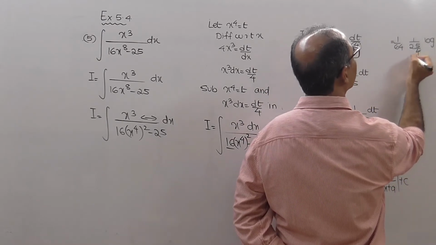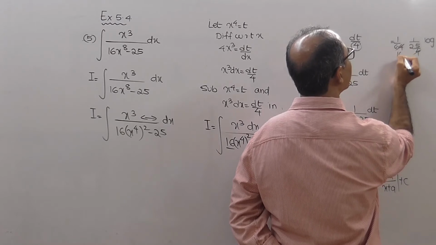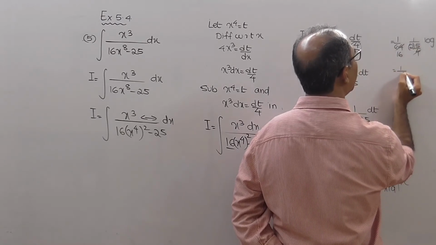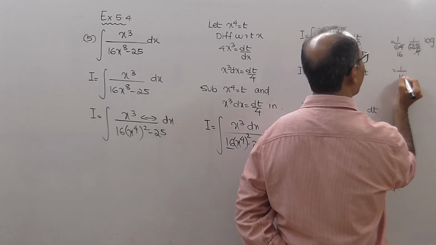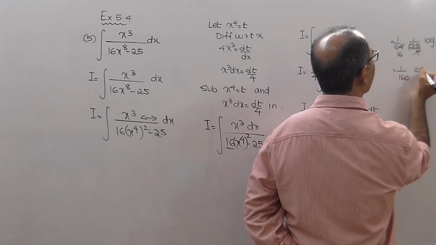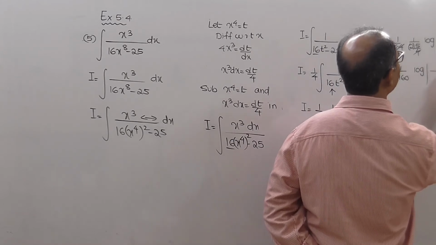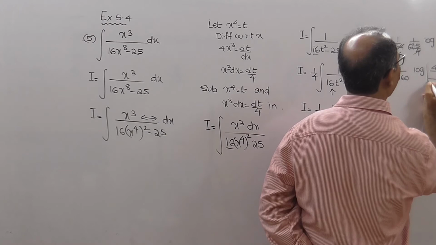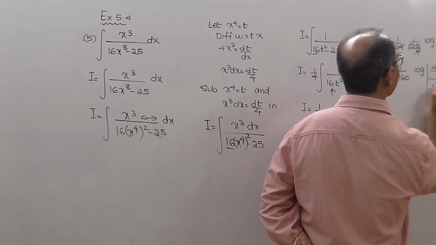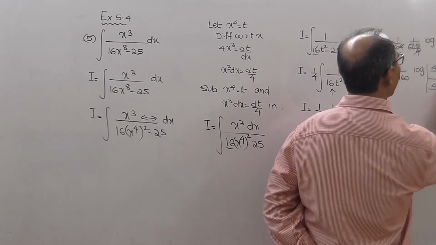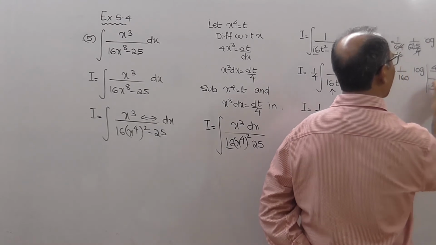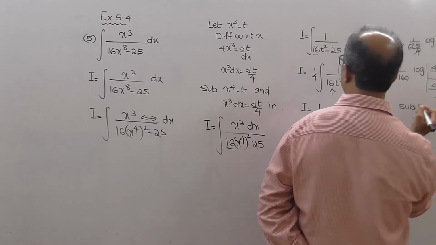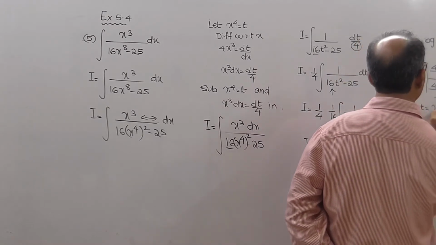I think 4 will go in 64 16 times, and I should get 16 2s are 32, 32 into 5, it is 160 log modulus. Take 4 as LCM, so you get 4t minus 5 by 4, and again if you take 4 as LCM, you get 4t plus 5 upon 4 plus c, cut it, and then you substitute t equal to, what is the value of t?